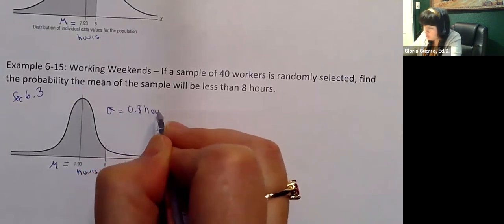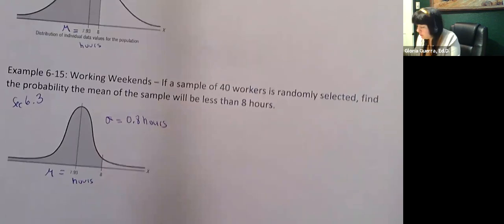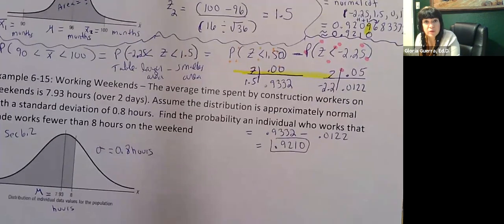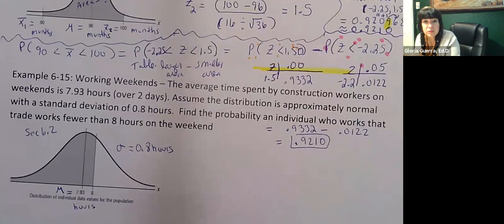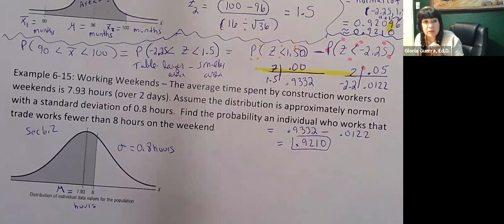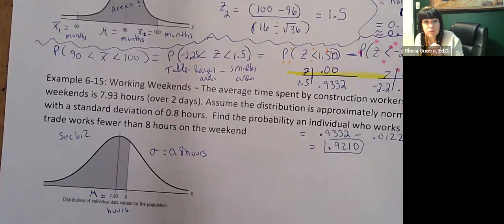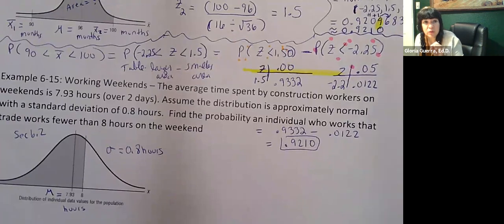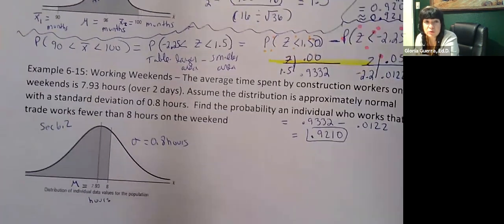Okay, so I'm putting that on both of those diagrams. Sigma. Find the probability of an individual who works that trade works fewer than 8 hours on the weekend.